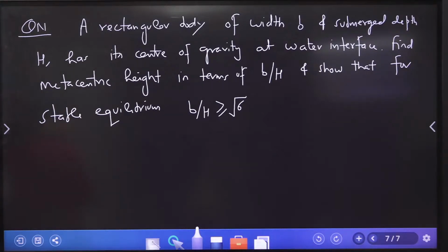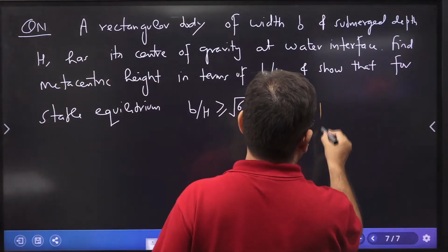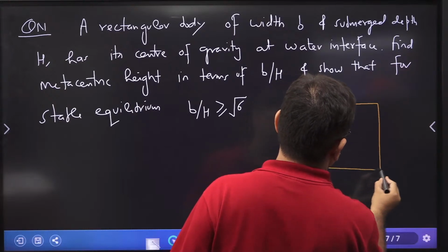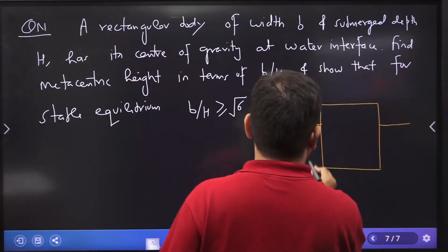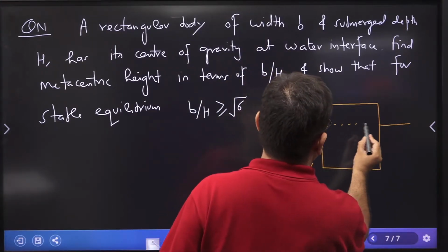Write the question. There is a rectangular shaped body with width given, and also it is given up to what depth it is submerged. You can answer these kinds of questions only if you visualize what kind of diagram it will be. Let me give you the diagram here. This is the body, and let us say up to this depth capital H, it is submerged in the liquid.